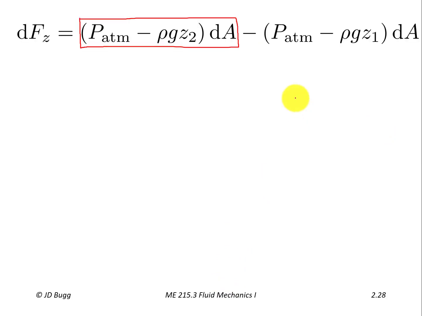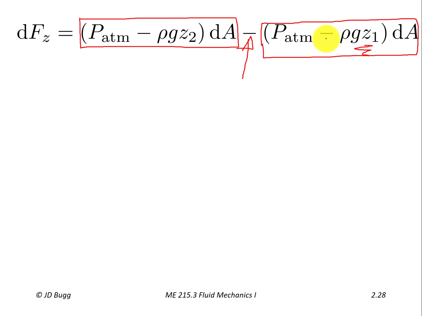The other half of this expression gives the force on the top of the slice pushing downwards. And we say that's a negative because the force of the fluid on the top of the slice is pushing downwards, or it's pushing in the negative z direction. Now, other than that, the only difference is that this is based on Z1 instead of Z2.